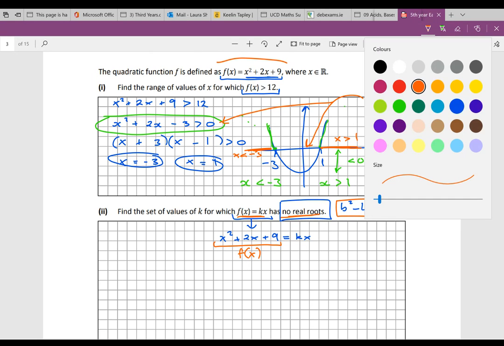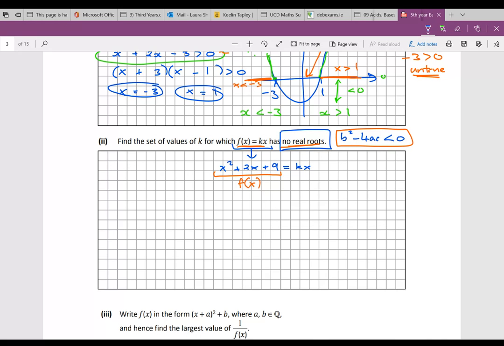I'm going to go back to my blue pen here. A little bit of rearranging gives me x squared plus 2x minus kx plus 9 is equal to 0. So x squared plus (2 minus k)x, factorizing out your x, plus 9 is equal to 0. And remembering that I need b squared minus 4ac, a is equal to 1, b is equal to 2 minus k, and c is equal to 9.